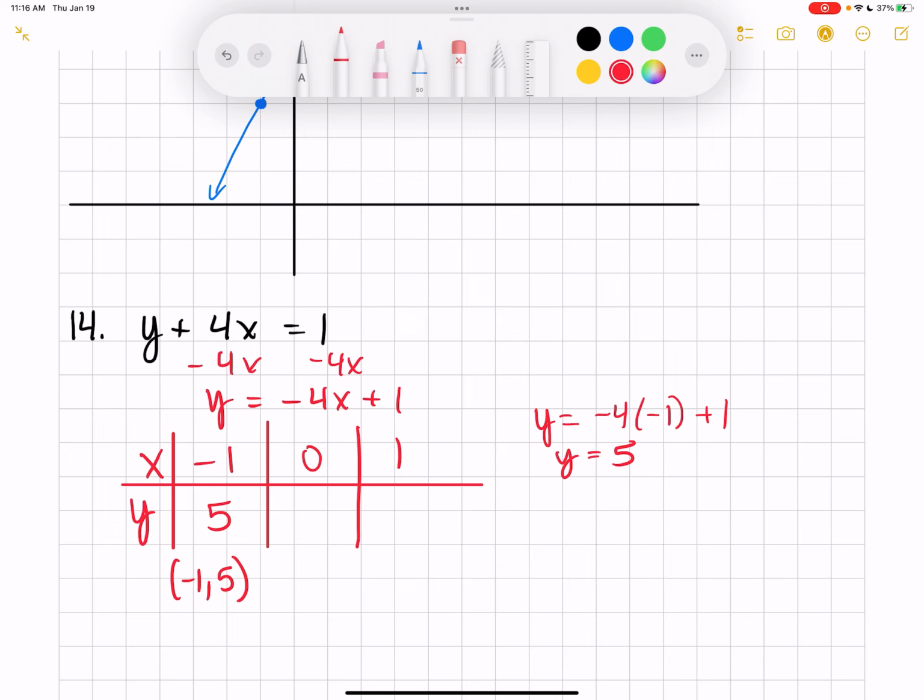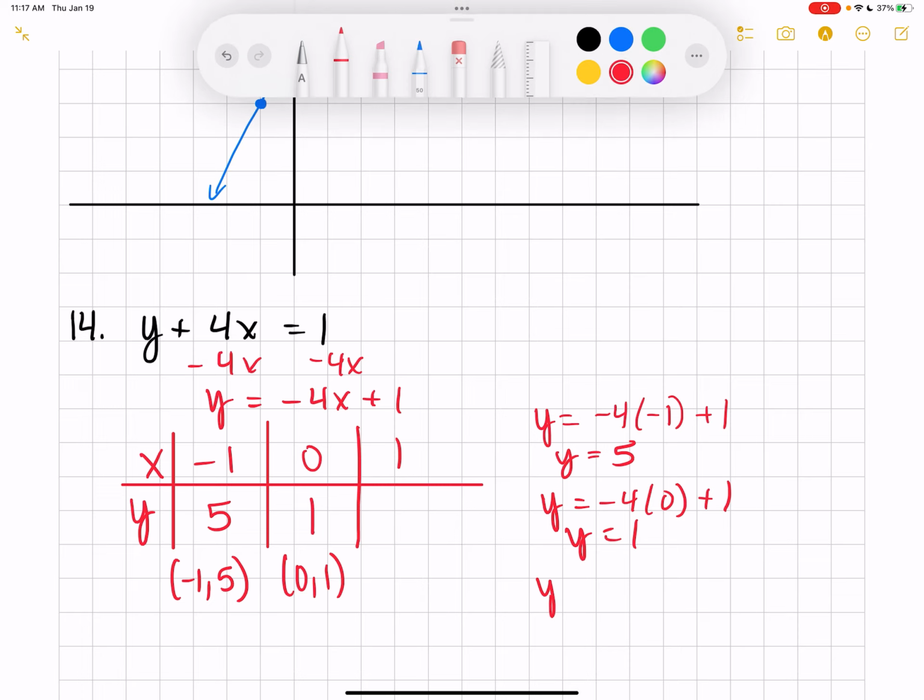Then I'm going to plug in 0. So y equals -4 times 0 plus 1. -4 times 0 is 0, plus 1. So y equals 1. So that gives me the xy point, 0, 1. And then I'm going to plug in 1.